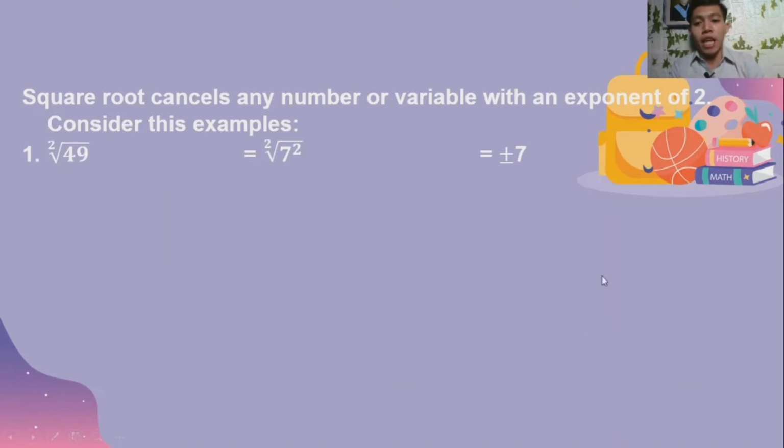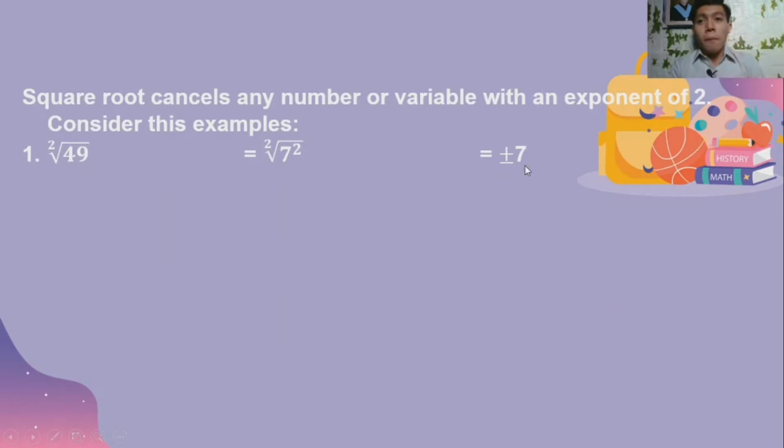Square root cancels any number or variable with an exponent of 2, so when we take the square root of 7 squared, the squared is cancelled. What remains is 7. So the answer for square root of 49 is positive negative 7.